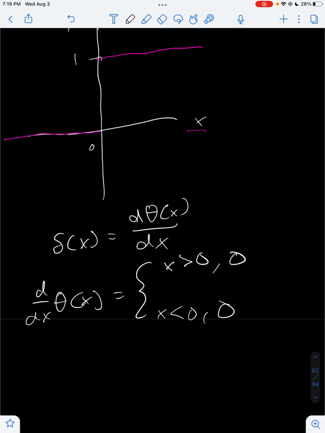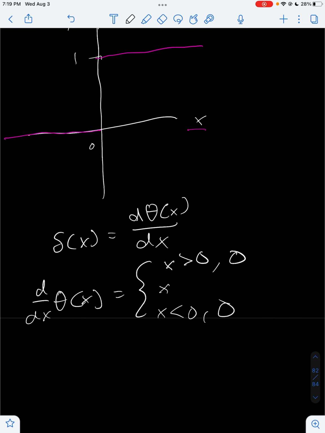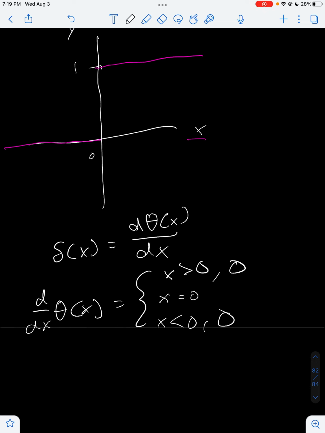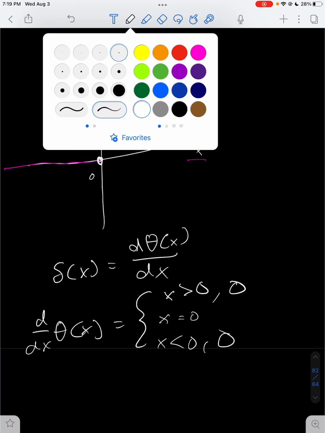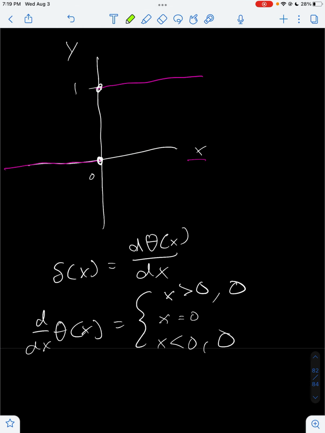Okay? But what if x is equal to 0? Well, we have a discontinuity at x equals 0. Our function just breaks apart here. And we can kind of connect this with a green line. And the slope here is just rise over run. The rise is just 1, and the run is 0. So the slope will be infinite at x equals 0.